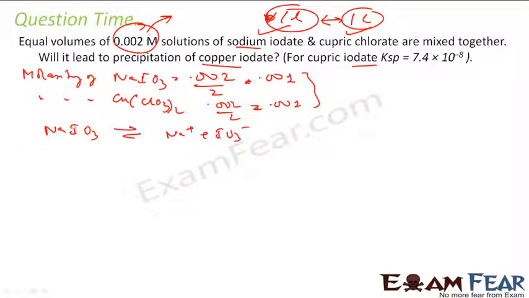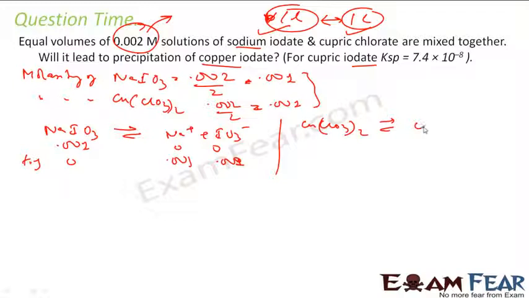This was 0.001 initially, and this was 0, and at equilibrium this will become 0 and this will become 0.001 and 0.001. Easy only. Same thing for Cu(ClO3)2, which gives Cu 2 plus and 2 ClO3 minus. This was 0.001, this was 0 and this was 0. This becomes 0, this becomes 0.001, and this becomes 0.002, twice. Now this will be the equilibrium concentration.